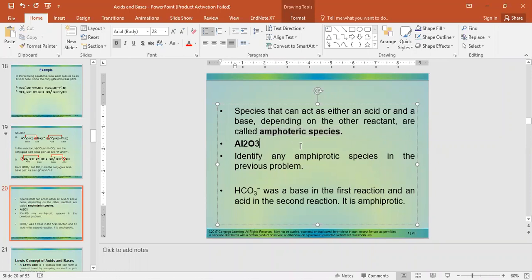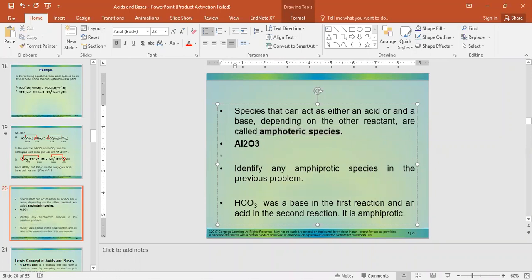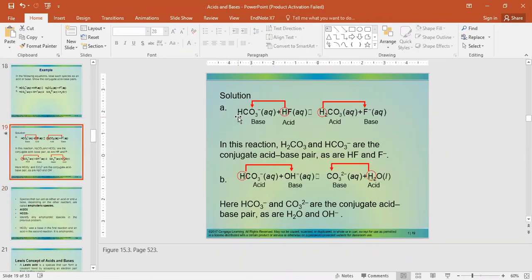Now, if you look at the hydrogen carbonate, we have seen in one example, let me quote this example. You can see here, this hydrogen carbonate here is behaving as a base because it is going to accept a proton from hydrofluoric acid.